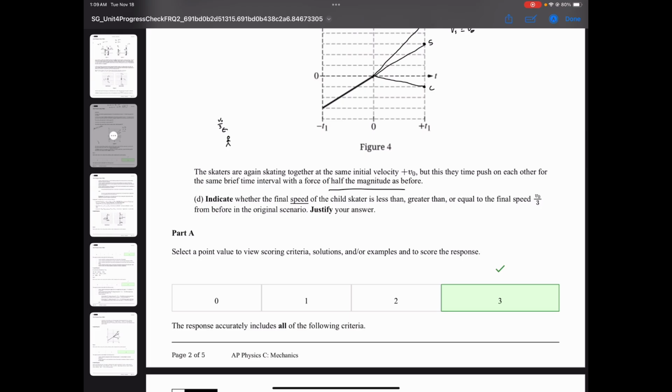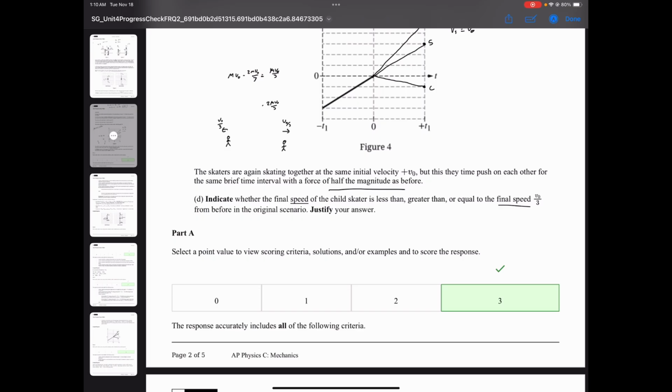In the second scenario, his change in momentum is negative 2 m v naught over 3, so if he starts off with mv naught minus 2 m v naught over 3, his final momentum is going to be mv naught over 3, but positive. So he's going to be moving to the right with a velocity of v naught over 3.